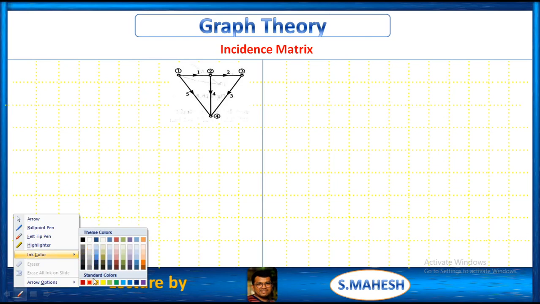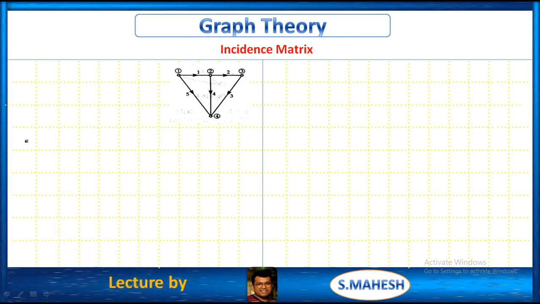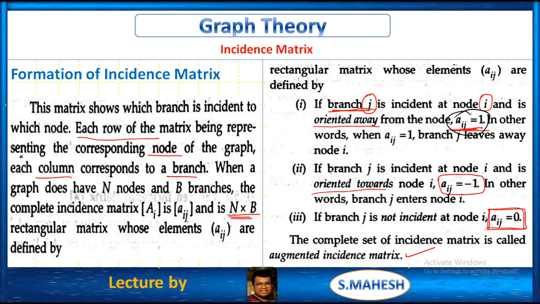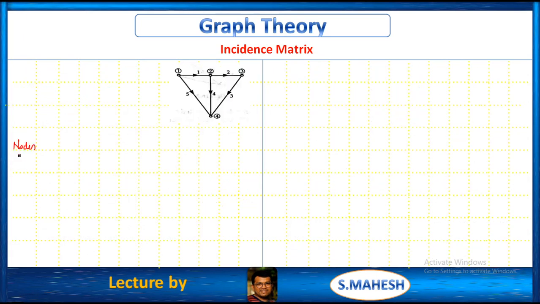Before that, it's better you write the nodes. Nodes are what? Each row represents a node, each column represents a branch, right? This is first row, second row, third row, fourth row.